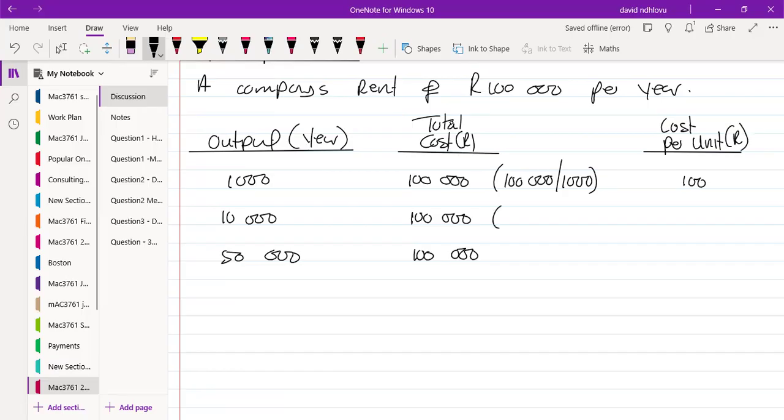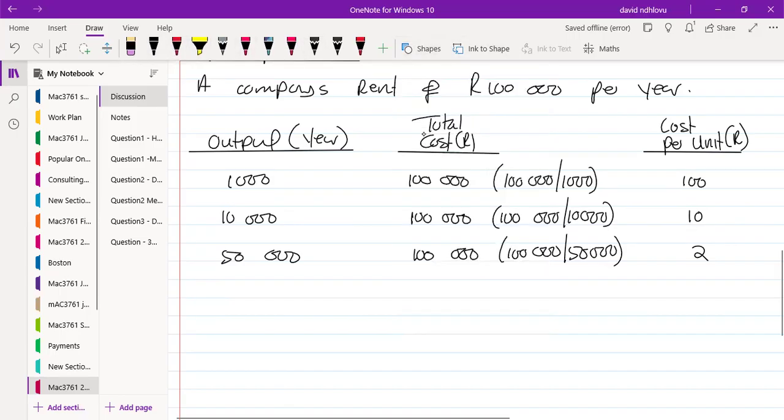If we improve our production and now produce 10,000 items, our cost per unit becomes 10 Rand. If we increase it to 50,000, our cost per unit would be 2 Rand. So we can clearly see that as output increases, the cost per unit is decreasing.